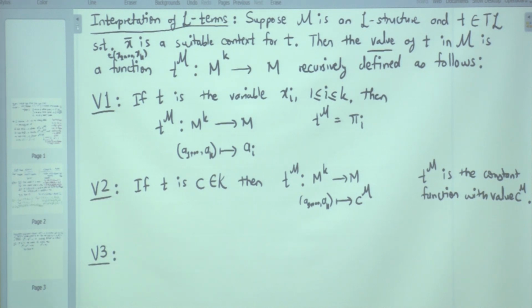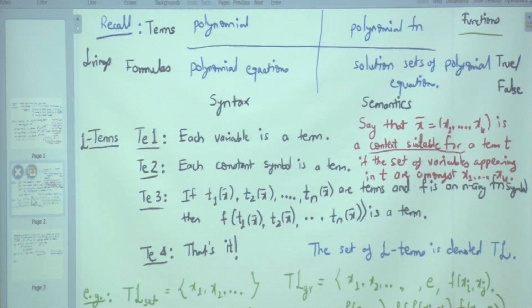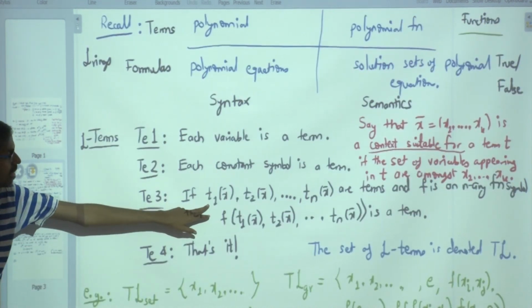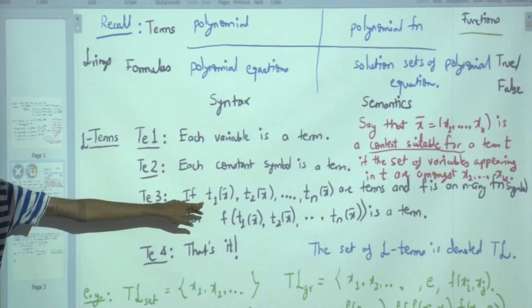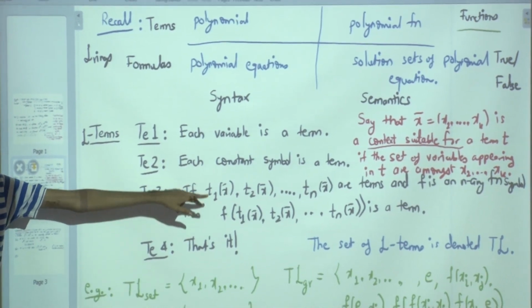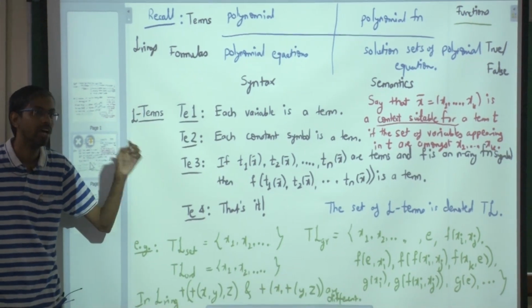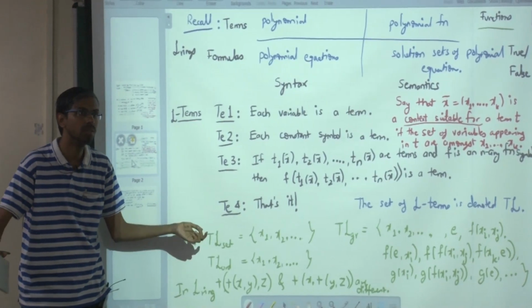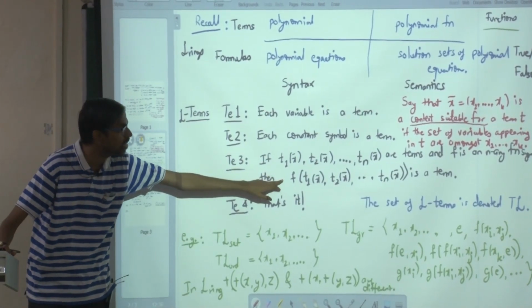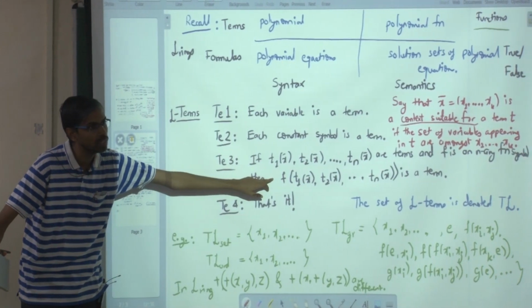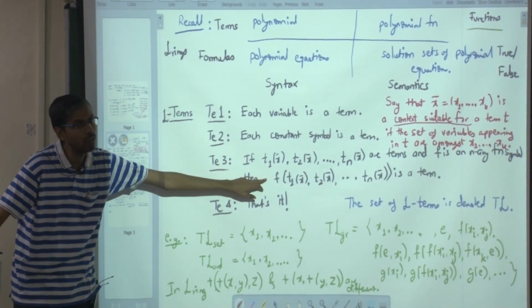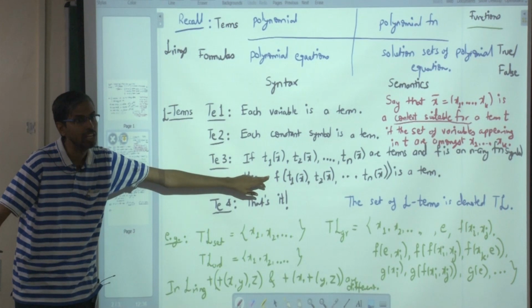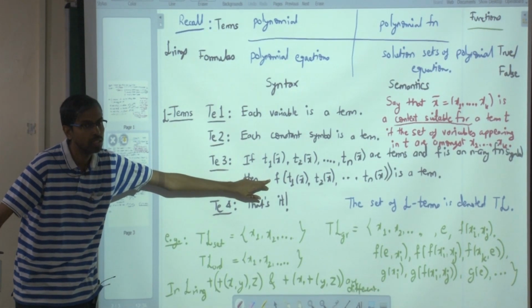Now V3 is a bit more complicated. So look at this T3. You are given n terms, and you are given f, which is an n-ary function symbol, and then you have constructed a new term recursively. Now we want to understand what is the interpretation of this new term.